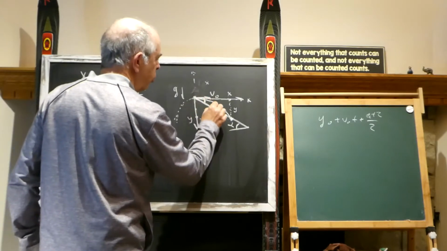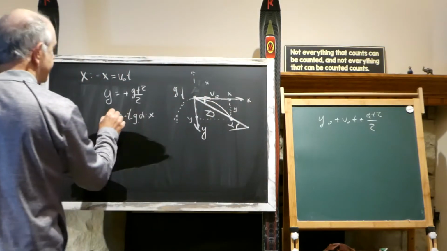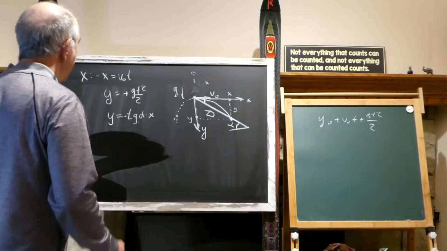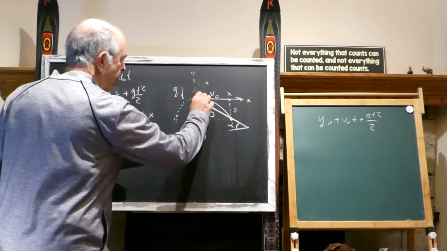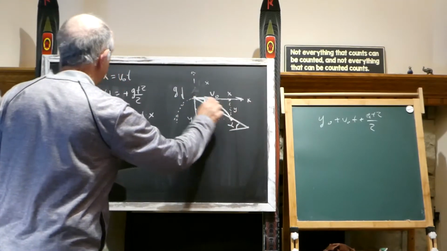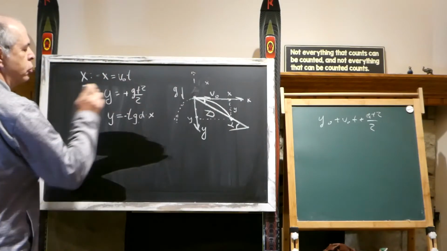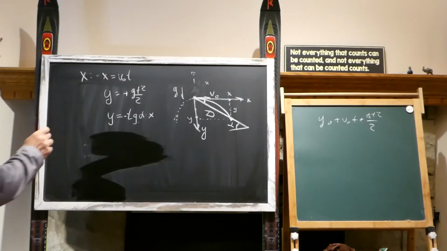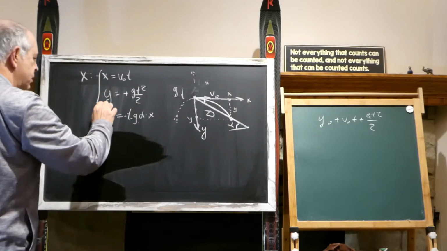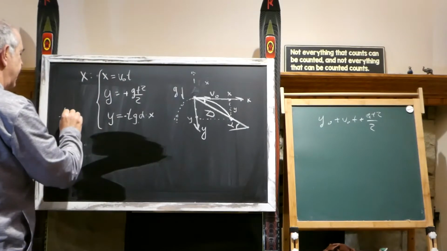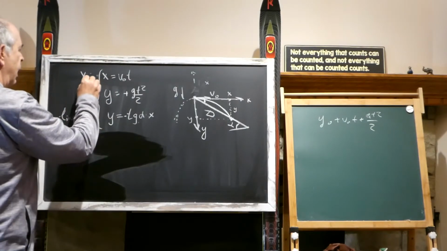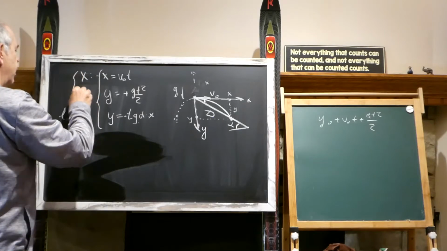All the points on this line are described with this equation. And all the points on our parabola, because this is a parabola, we know it, are described by those two equations. So we have three equations, right? And this is the line, and these two are the parabola.